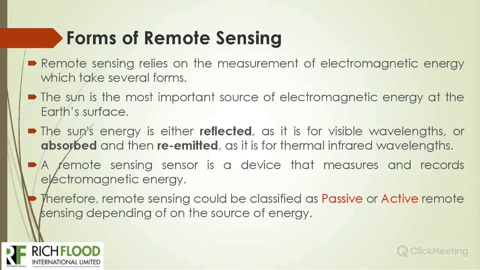So that is what remote sensing relies on, the measurement of this electromagnetic energy by these sensors. And the type of sensor also determines what information you can extract from the data you are trying to use for your studies.